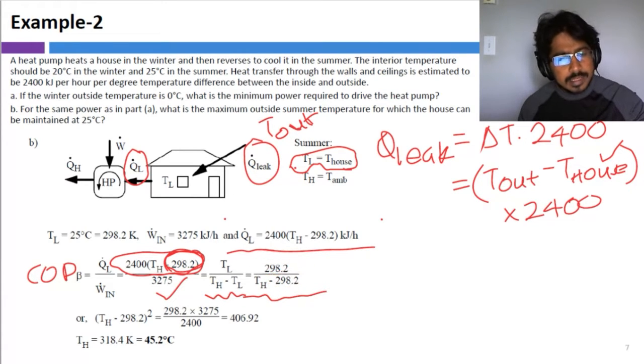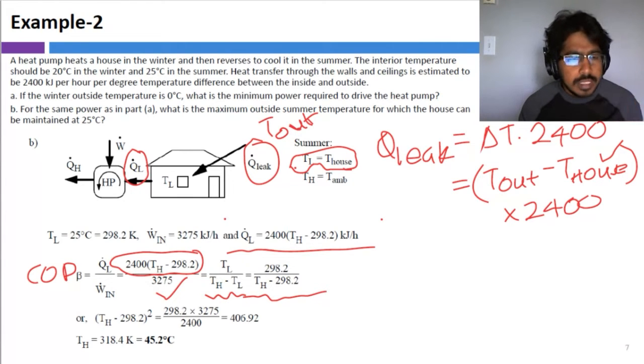So if you use Celsius, then we will be in trouble. So when it comes to second law calculations like this, efficiency, COP, whatever of Carnot engines, or entropy calculations, the ratio between Q and temperature, use temperature in Kelvin scale.